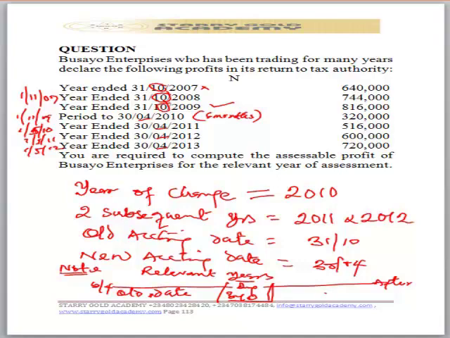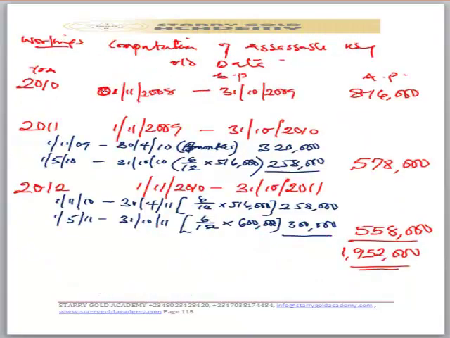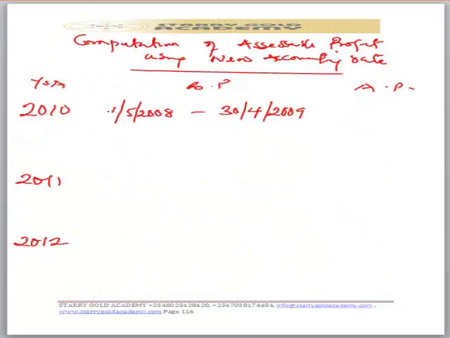So I have to prorate that out. I will pick 1/5/2008 to 31/10/2008. So May, June, July, August, September, October.